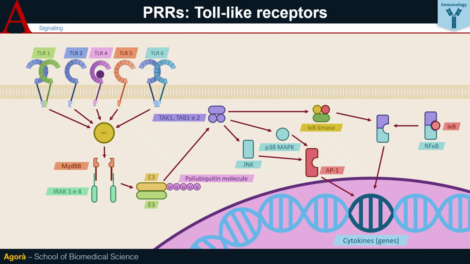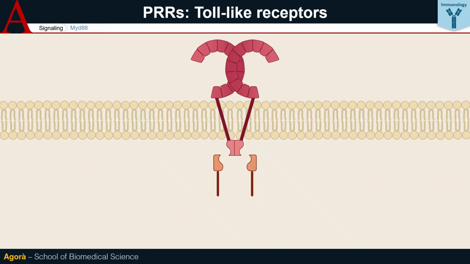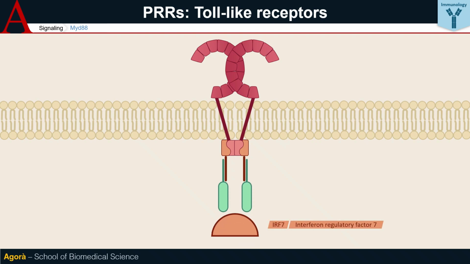As explained earlier, this signaling pathway impacts TLR7, TLR8 and TLR9. In contrast to the previous pathways, it results in the phosphorylation of IRF7, interferon regulatory factor 7, facilitated by IRAK1 and IRAK4.